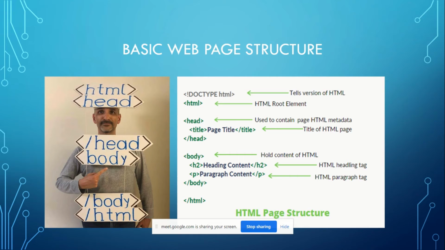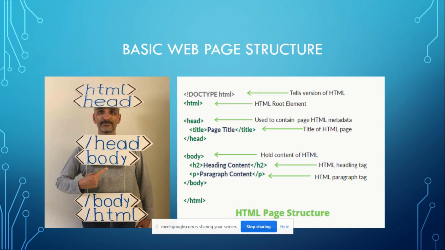The first line is doctype HTML. This actually defines the type of your document and specifies the version of your HTML. In particular, this is used in HTML5. HTML has undergone a number of changes. We have HTML 1, 2, 3, and right now we're in HTML5.